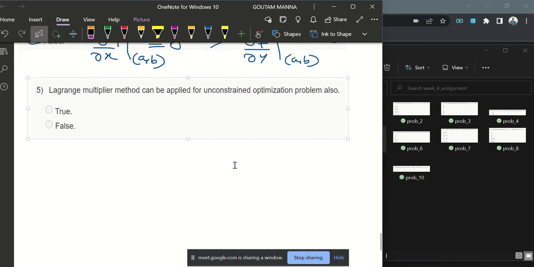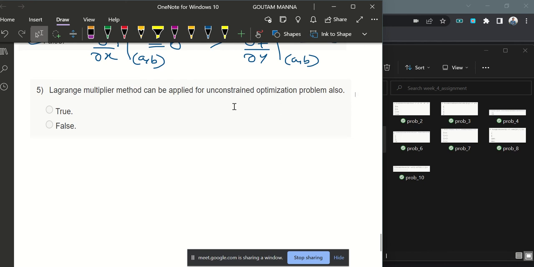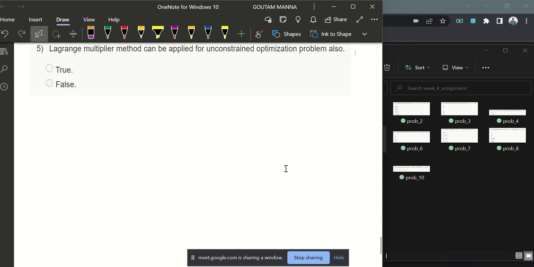So now the next problem. In this problem 5, the statement is: Lagrange multiplier method can be applied for unconstrained optimization problems also. We have already seen how the Lagrange multiplier method is applied in the constrained optimization problem.